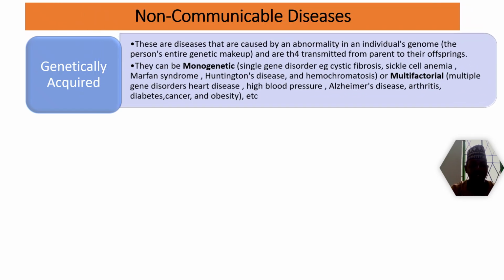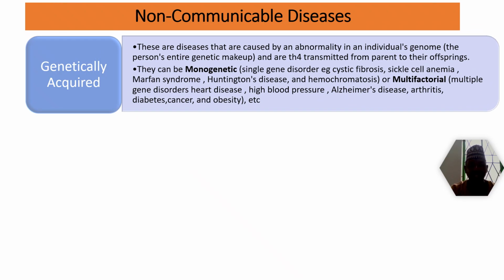Now, taking the first one, the genetically acquired non-communicable diseases. These are generally diseases that are caused by an abnormality in an individual's genome. Whenever there is an abnormality in the individual's genome, a genetic disease can result.